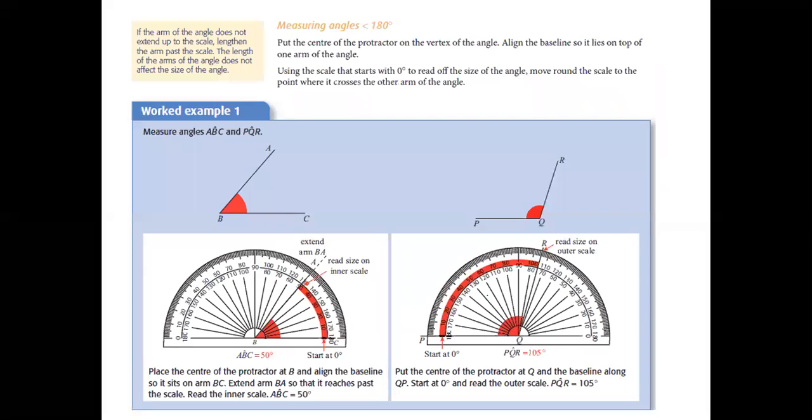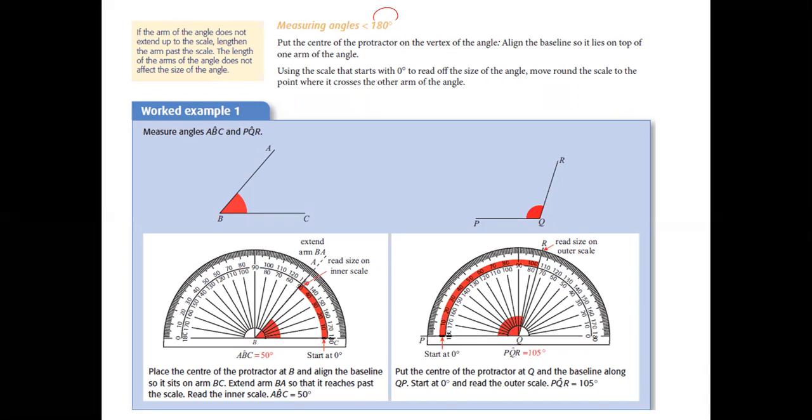Measuring angles less than 180 degrees. Put the center of the protractor on the vertex of the angle. Align the baseline so it lies on top of one arm of the angle.